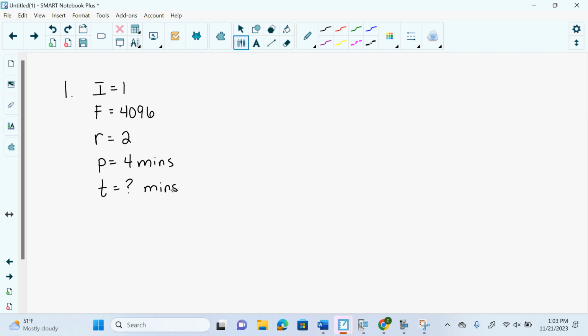Okay? So let's fill in what we know. The formula is F equals I rate to the T over P. What is F? 4096 equals I, which is 1, rate, which is 2, to the T over P, T over 4. So once again, my variable's in the exponent, so I know I'm going to have to convert to a log, right?